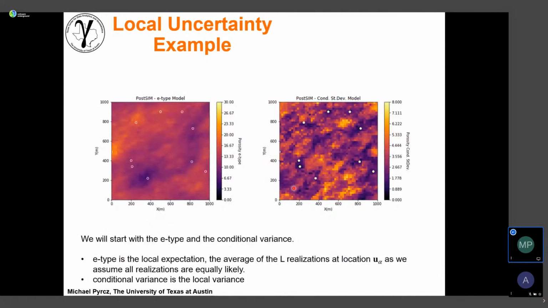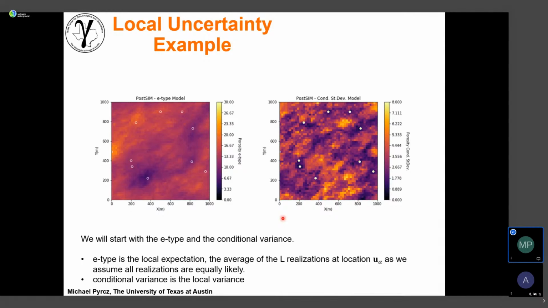What are we going to do with that? If I calculate the local conditional standard deviation, it is a measure of the local uncertainty. What people will do is they'll use that if you've incorporated all of your data into these realizations. Now I know the locations where I have the maximum uncertainty, and I've seen people choose to sample those locations.